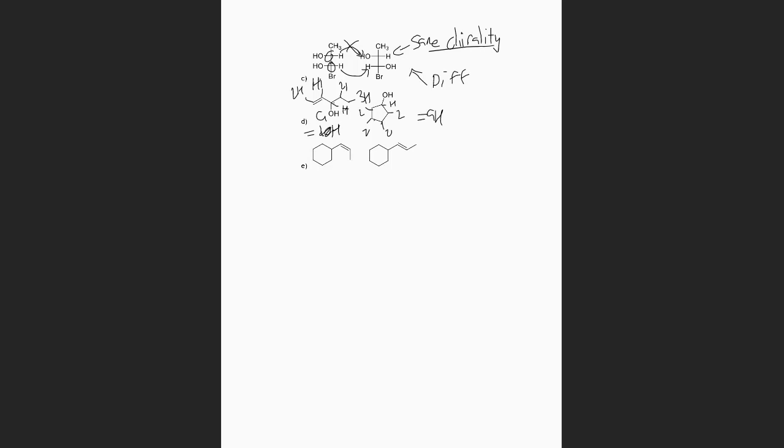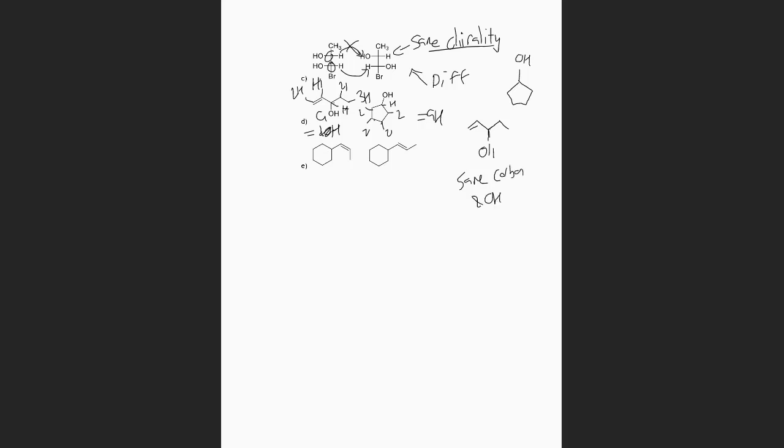An easy way I can tell is, this is our 1, 2, 3, 4, 5. Another way I could tell this was constitutional is I realized that they had the same carbon and OH.